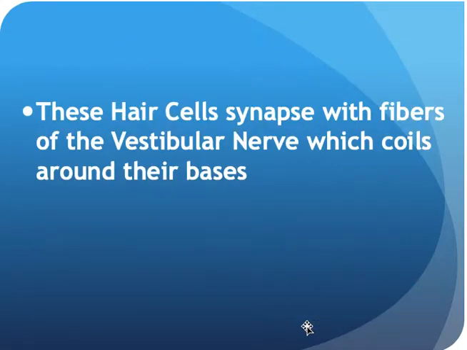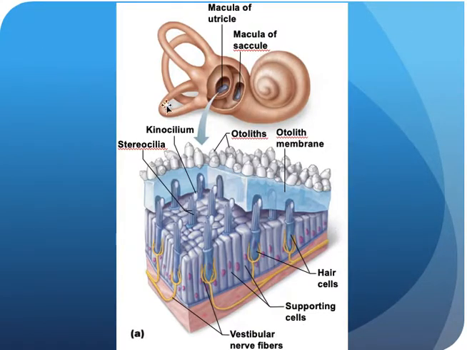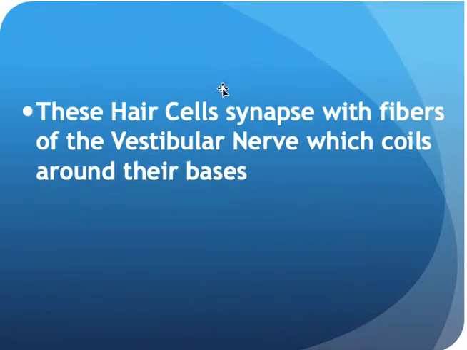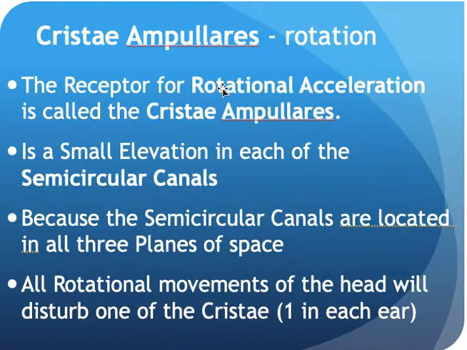But we have our macula, right? And it's going to be in the vestibule. Again, this is the one helping me with my linear acceleration, okay? So now we get to the cristae ampullaris, and with these we're looking at rotation. We had the macula for the vestibule, and when we get into the semicircular canals, what we're looking at are these cristae ampullaris, okay? They're the receptor for rotational acceleration.